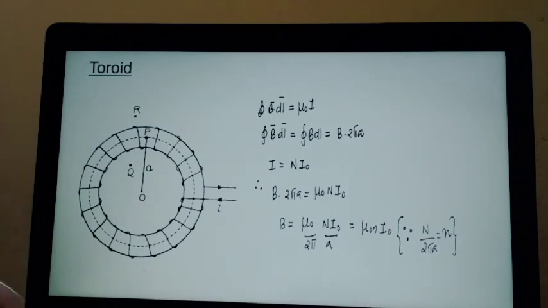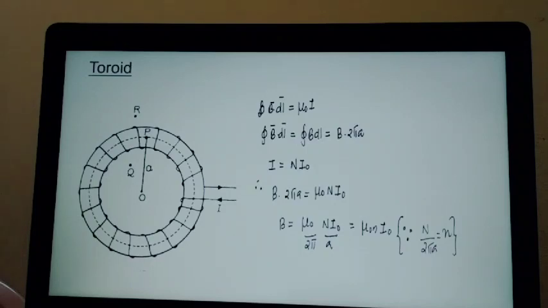So the closed integral of B dot dl is equal to mu 0 I. The closed integral of B dot dl will be equal to the closed integral of B dl, which is equal to B into 2 pi a, where 2 pi a is the circumference of the toroid of radius a, and I is equal to N into I0. What is I? The total current in the toroid. And I already told you capital N is the total number of turns in the toroid, and I0 is the current carried by each one.